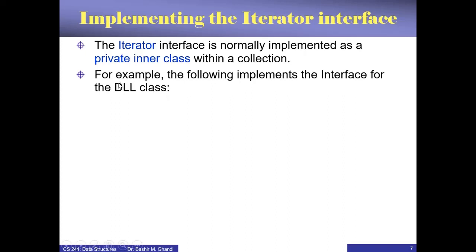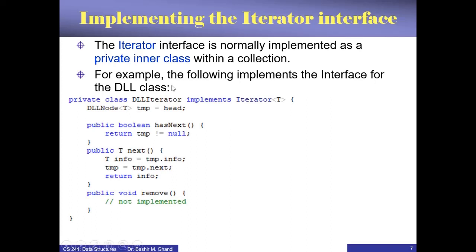That's what I'm saying here, that for example the following implements the iterator interface for the DLL class. You're going to have this class as an inner class within the DLL, and this is the class heading. It's a class, give it any name you want. This is user defined, but it's appropriate to call it DLL iterator because it's going to be an iterator for our DLL class.